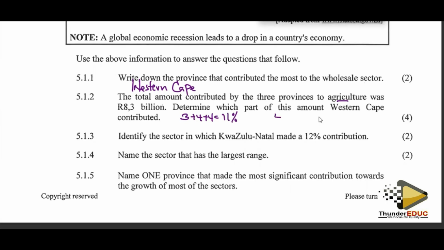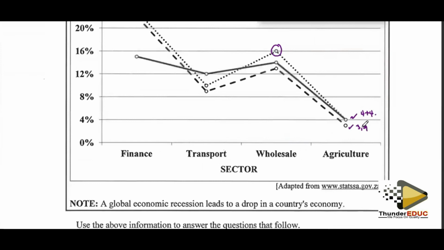Out of the 11%, what was the contribution of Western Cape? Remember, Western Cape is at 4. Look at that, it's at 4. This one you can say 3 to avoid miscalculation, but this is 30%. These other two are at 4.